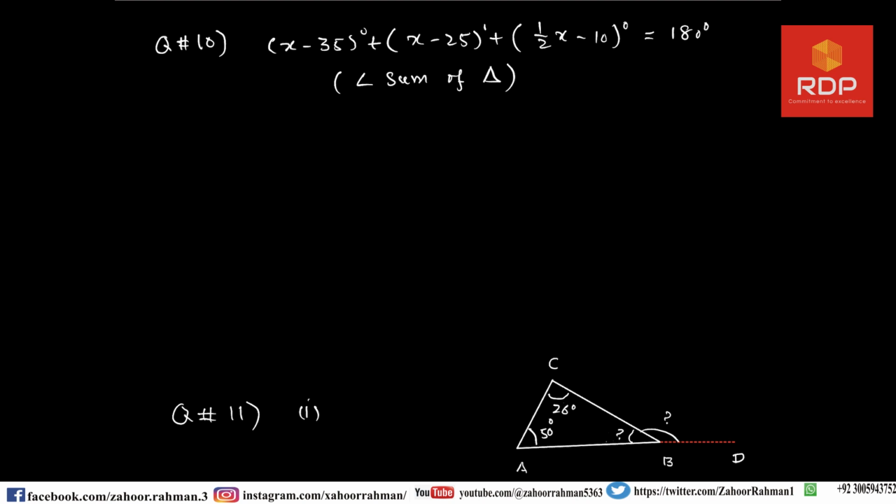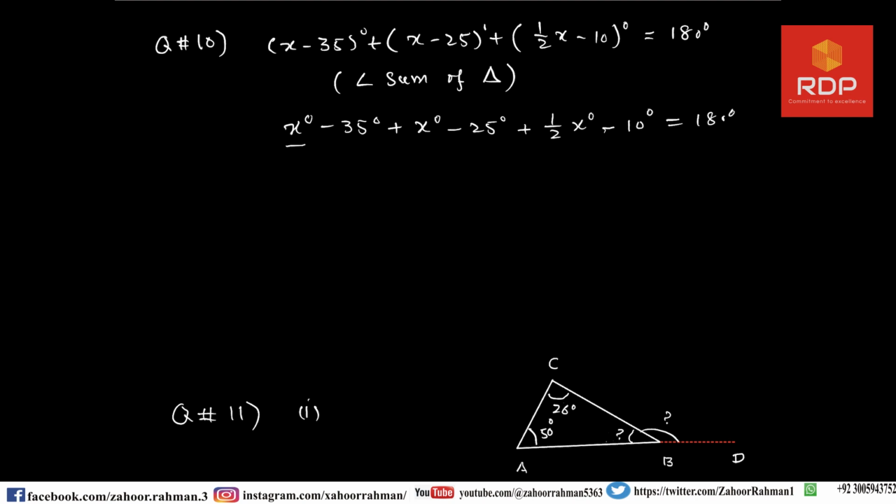Let us first open this: x degree minus 35 degree plus x degree minus 25 degree plus 1 over 2 x degree minus 10 degree, and that is equal to 180 degree.